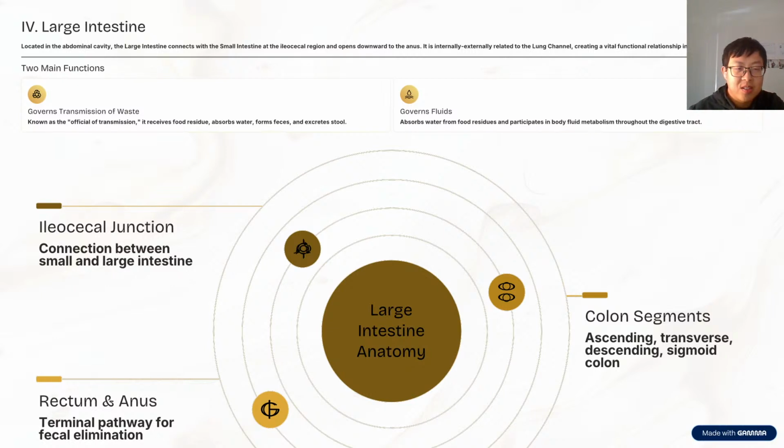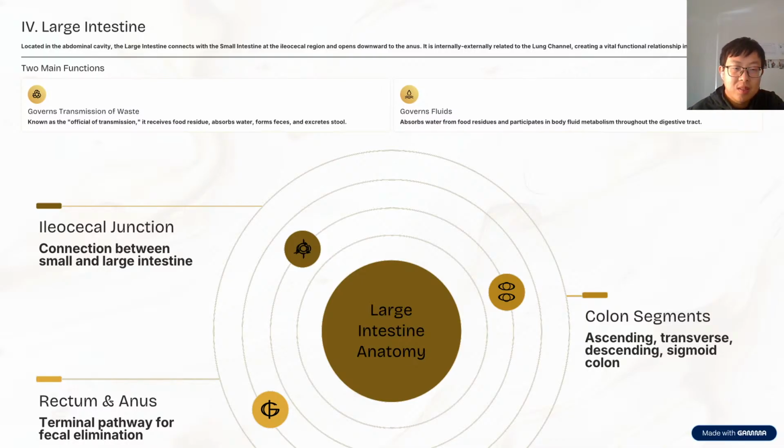The large intestine is located in the abdominal cavity. Its upper opening connects to the small intestine at the ileocecal region. The lower end opens at the anus.